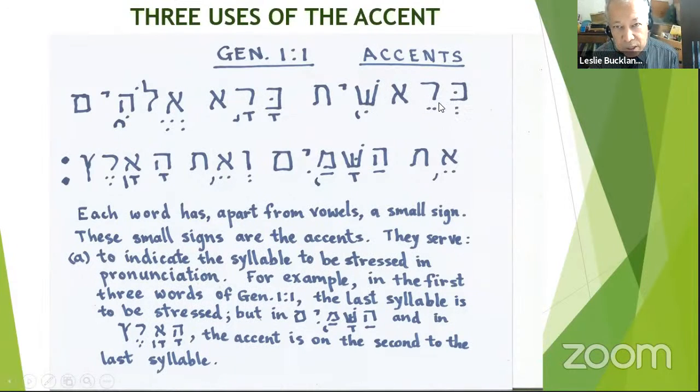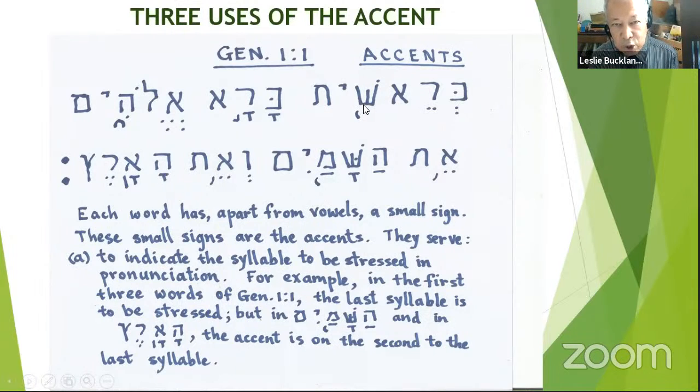So in this word, bereshith, this is the very last syllable of the word. And it is indicating that the last syllable is to be what? Emphasized. The last syllable is to be emphasized.